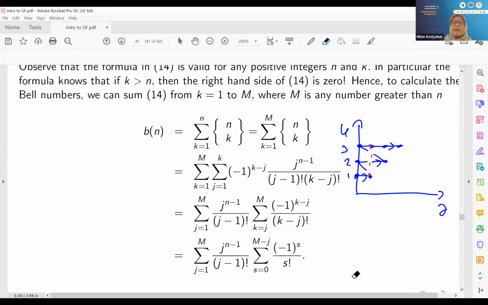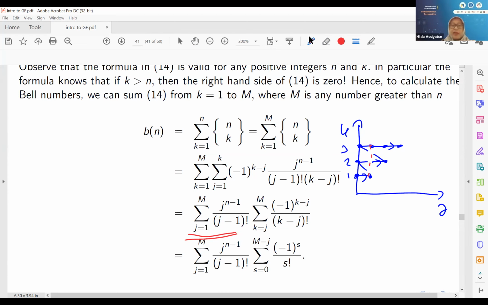So in this version, we start with j equals 1, and then k starts with the same number, going up until m.